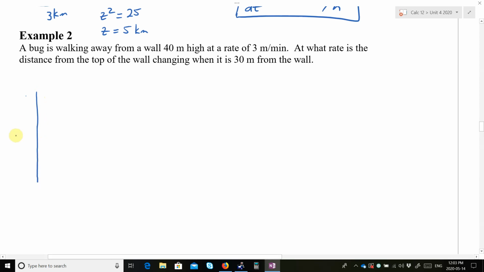So we have this wall that is 40 meters high, and a bug is walking away from the wall at a rate of 3 meters per minute.